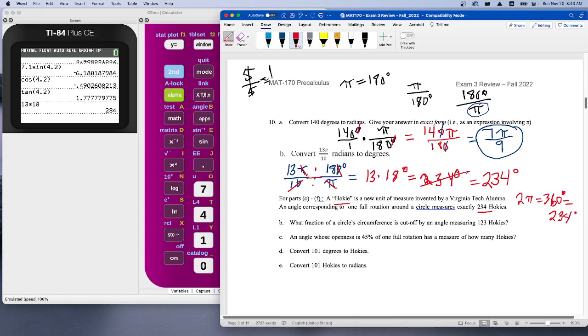We'll put a little H here. Make up our own little unit abbreviation, whatever you want to do.